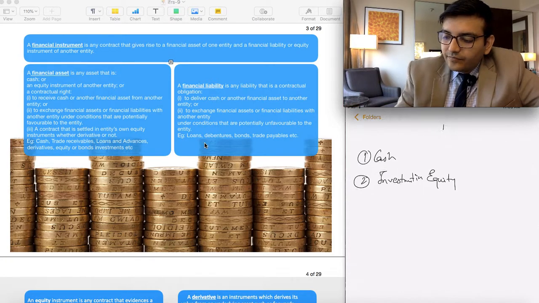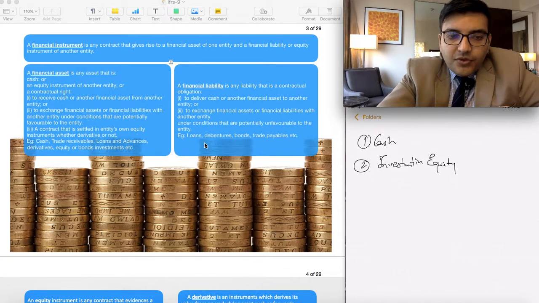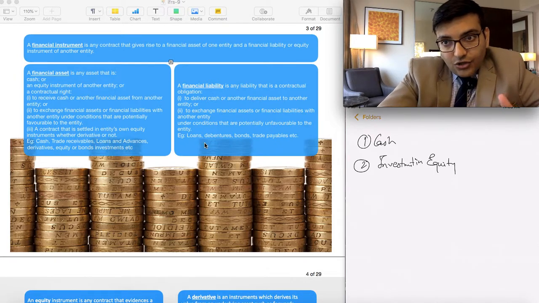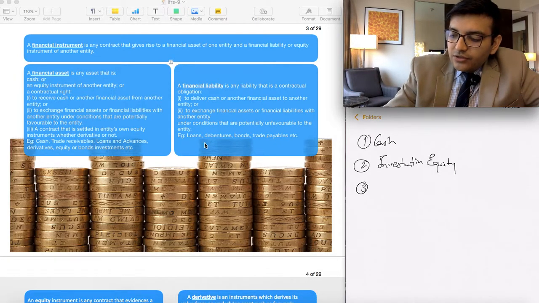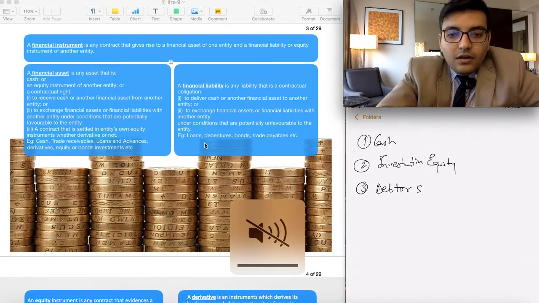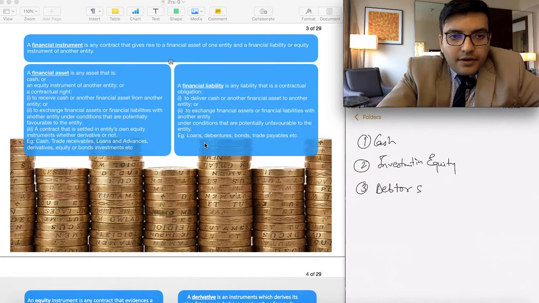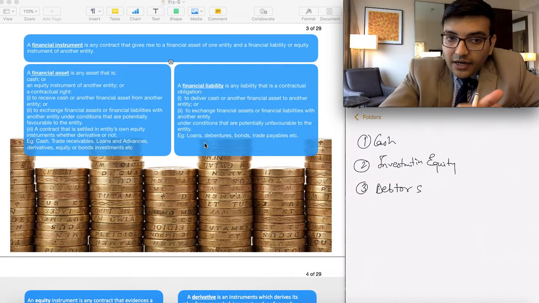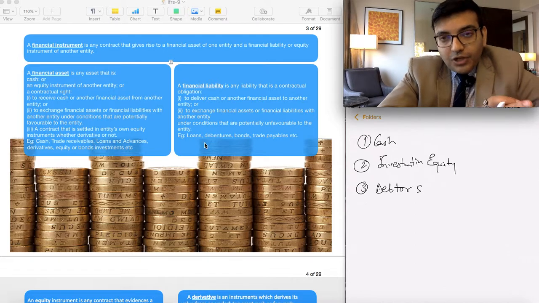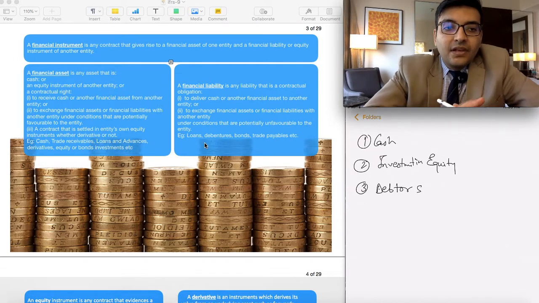Now number 3, a contractual right to receive cash. Now third is debtors. This is a contractual right to receive cash. Now the fourth point is to exchange financial assets or financial liabilities with another entity under conditions that are potentially favorable to the entity.